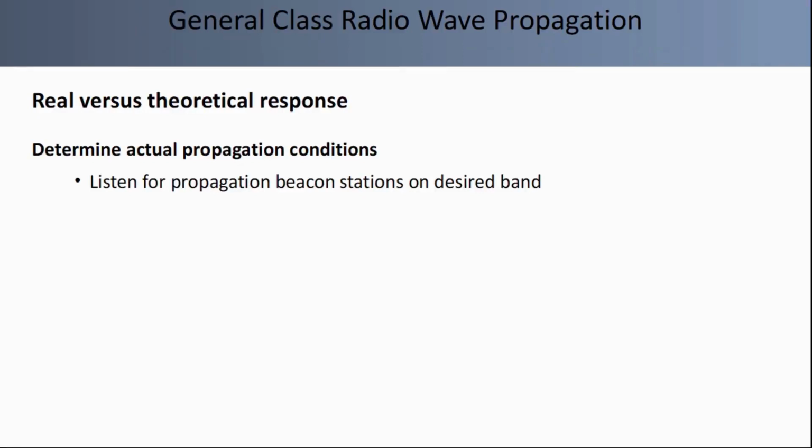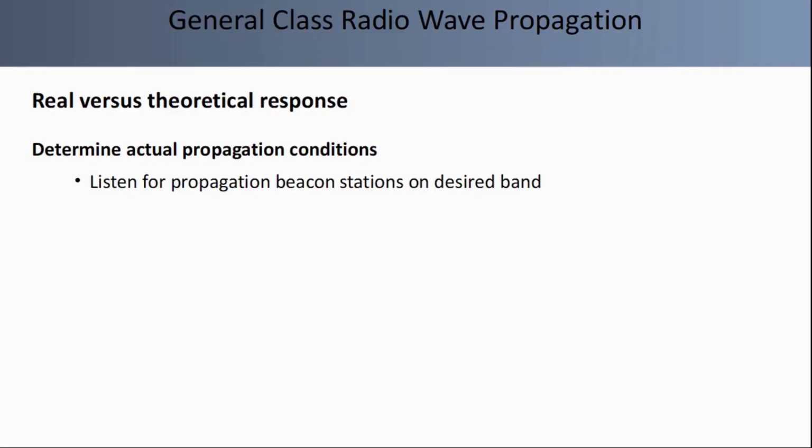And one caveat, those stations identify themselves with their call sign and typically their location, their grid square location, maybe other information with CW. Yep, you need to know code or have something on your phone that will decode it for you in order to determine the call sign and the location of those beacon stations.